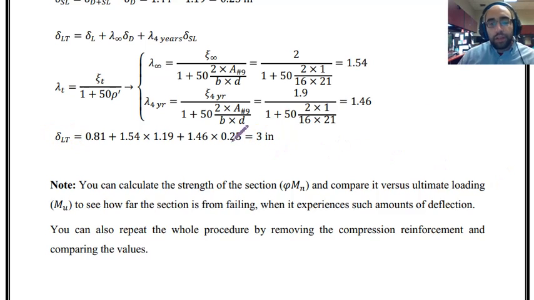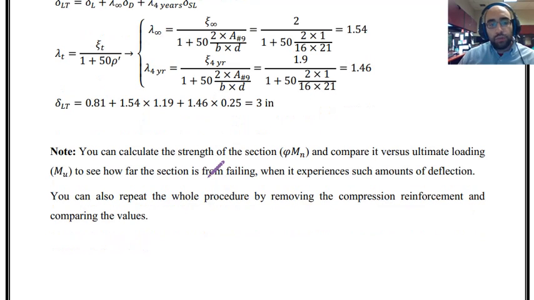So we could find the long-term deflection, but there are some things that I want you to notice specifically about this example, and that is the comparison between the strength versus the deflections that we are seeing in the solution. The example or the question problem is not asking about the strength of the section.